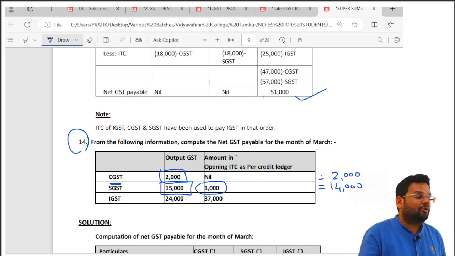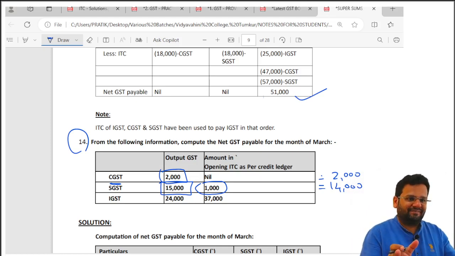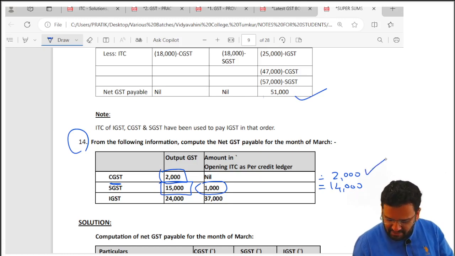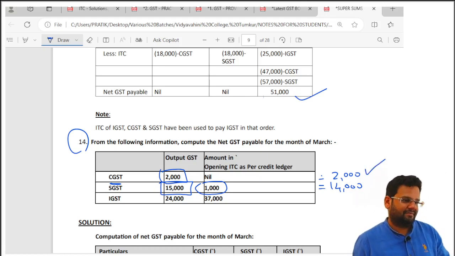And what is the balance of ITC of IGST? 13,000. Of course I will not use it equally. There is no need to use equally. I will use only 2000 to pay CGST and the balance to pay SGST.